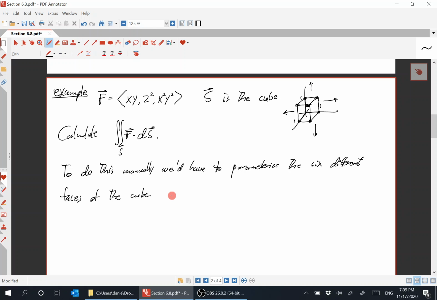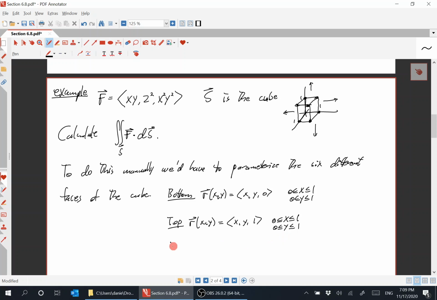So for example, the bottom face of the cube is r(x, y): x is x, y is y, z is 0, for 0 less than or equal to x less than or equal to 1, 0 less than or equal to y less than or equal to 1. The top face is r(x, y): x is x, y is y, z is 1, 0 less than or equal to x less than or equal to 1, 0 less than or equal to y less than or equal to 1.